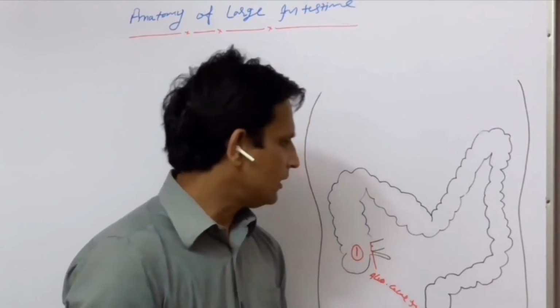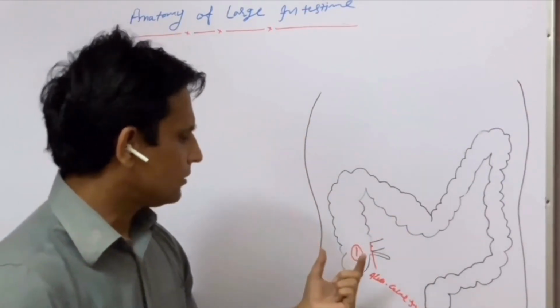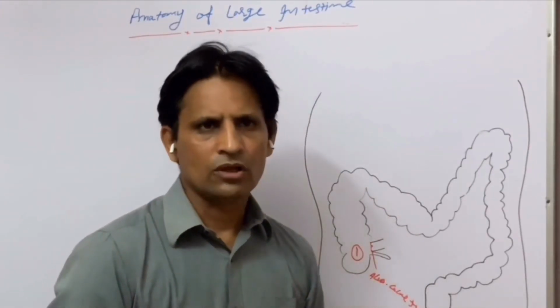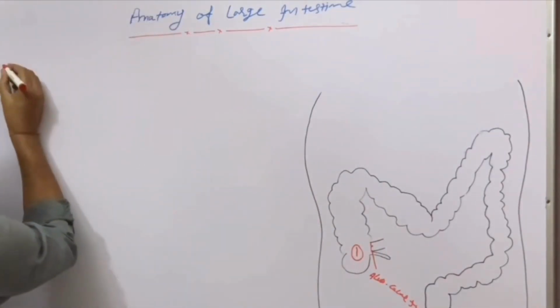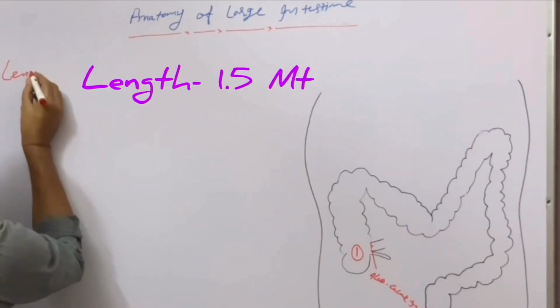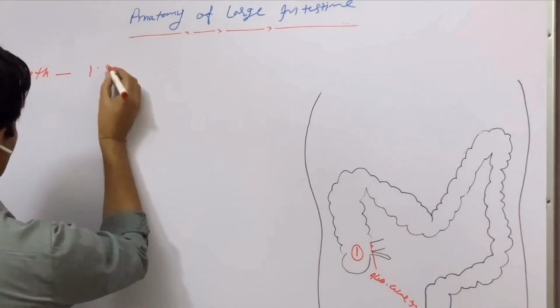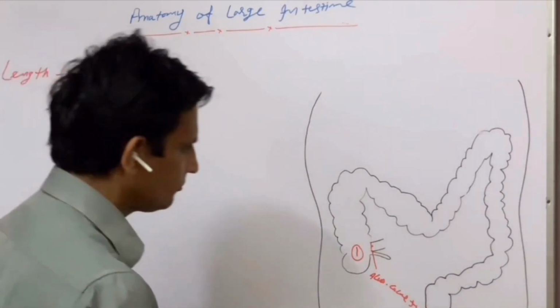First of all, the basic thing we should know is the length of the large intestine, and that is around 1.5 meters.